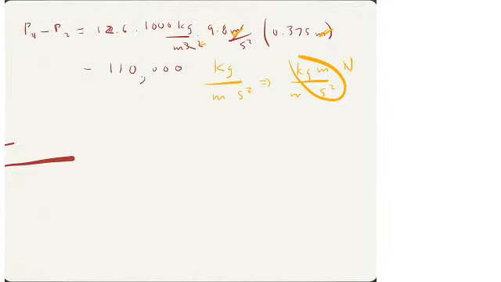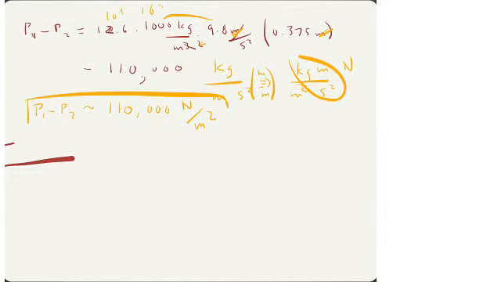So all I did is multiply this by meters over meters to get this value. Newtons per meter squared. That is my pressure value. So about 110,000 newtons per meter squared. Is that right? So this is about 10 to the 4, 10 to the 5th. Yeah, 10 to the 5th. Okay, so that's P1 minus P2.